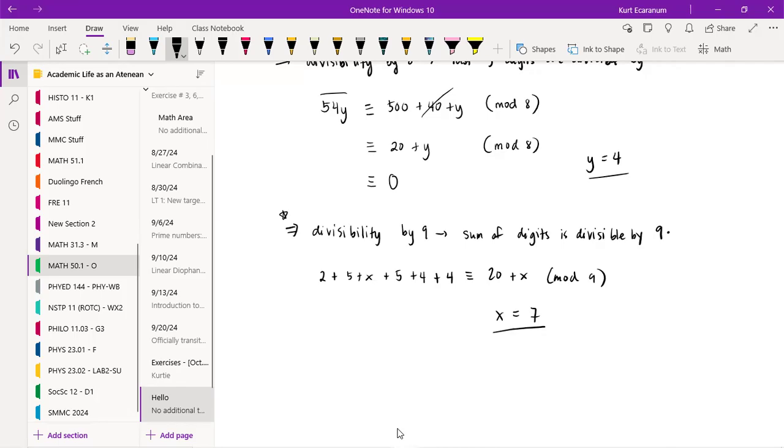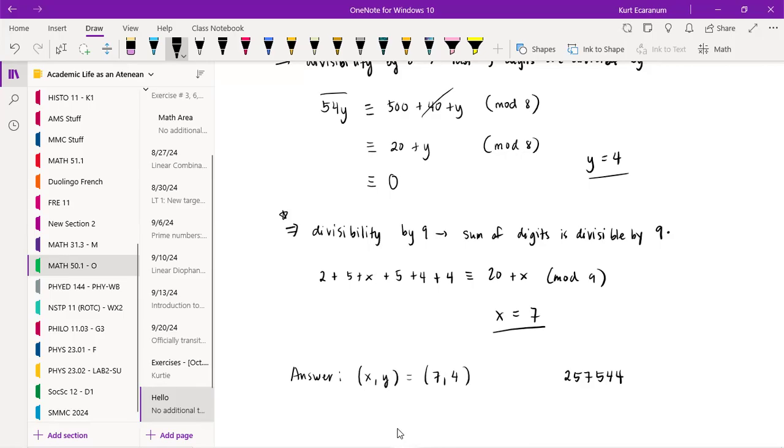And our x and y would be 7, 4. And bonus, ang number natin would be 257,544. And you can indeed check that it's divisible by 72.